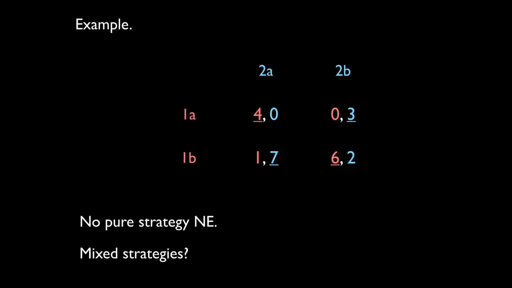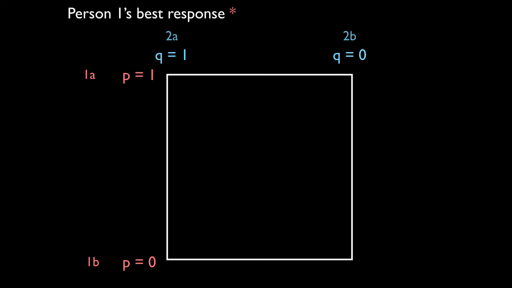What's my game? 4, 0, 6, 0, 3, 7, 6. Okay, so we're going to make our little box. So our box could look like this.